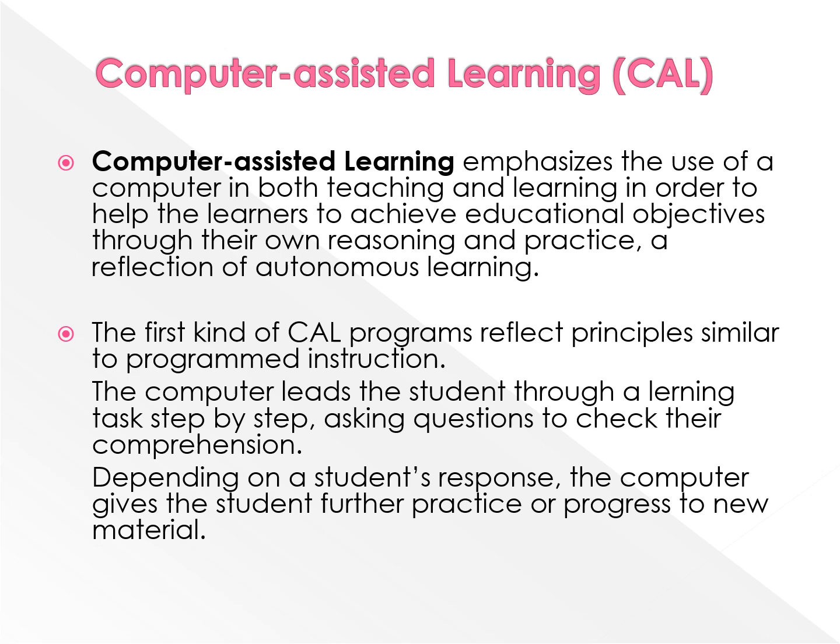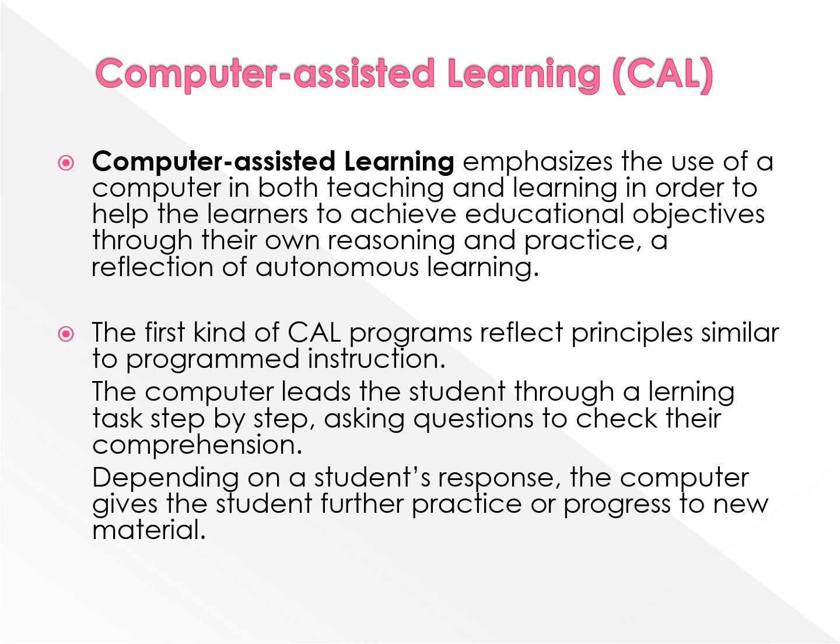The first kind of CAL program reflects principles similar to programmed instruction. The computer leads the students through learning tasks step by step, asking questions to check their comprehension. Depending on the student's response, the computer gives the students further practice or progresses to new material. So it is a more advanced level of CAI.